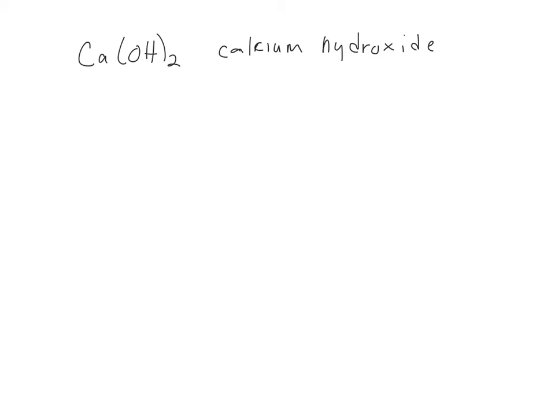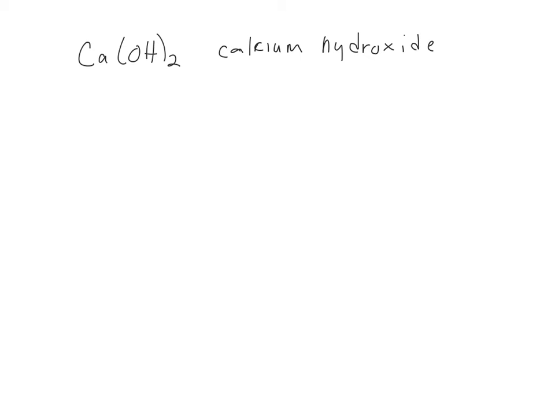So I'm going to do one more example for a molecule that's a little more difficult than the ones we've already talked about. So let's consider calcium hydroxide. Okay, so in order to understand the number of all the atoms that exist, let's go ahead and write it out.